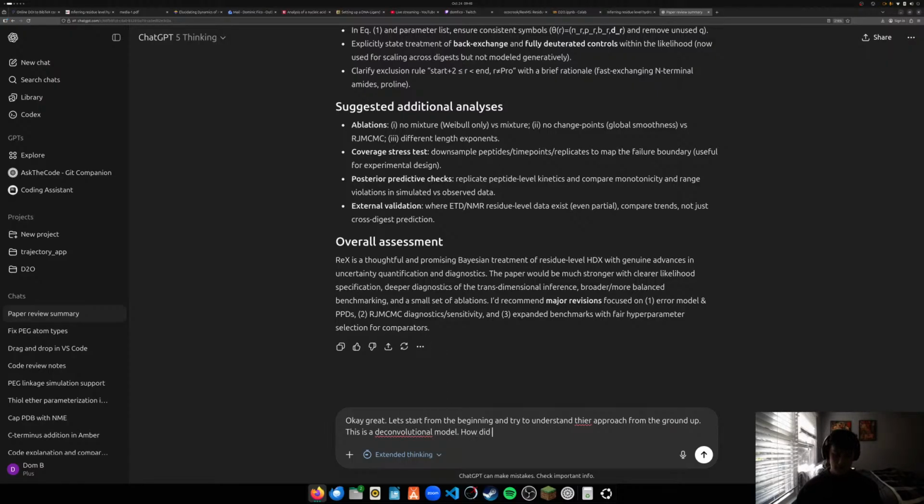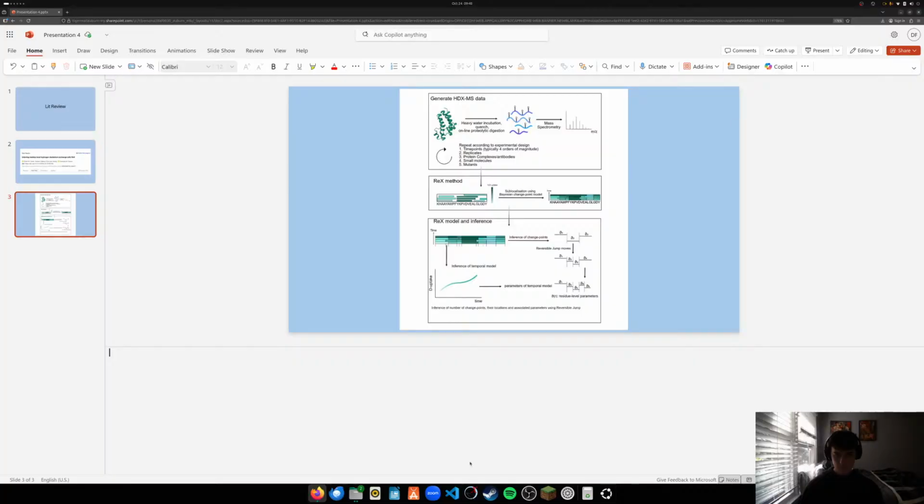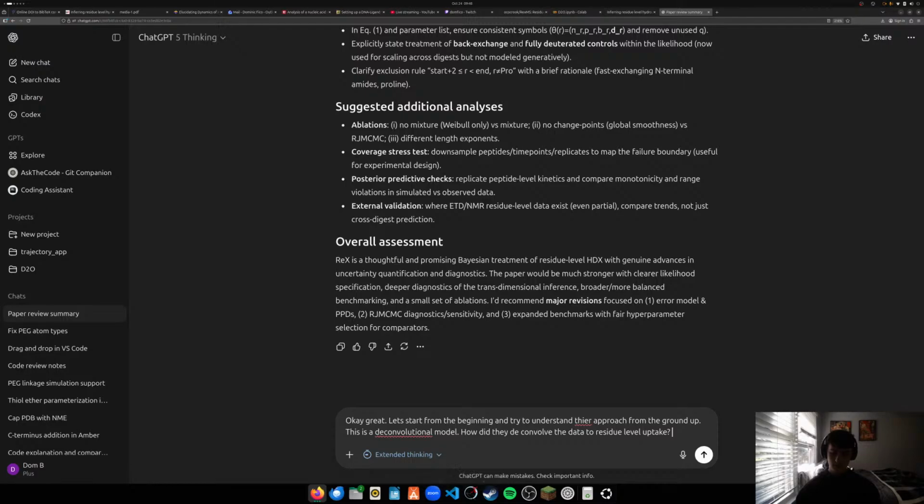How did they deconvolve the data to residue-level uptake? What is Bayesian change point?